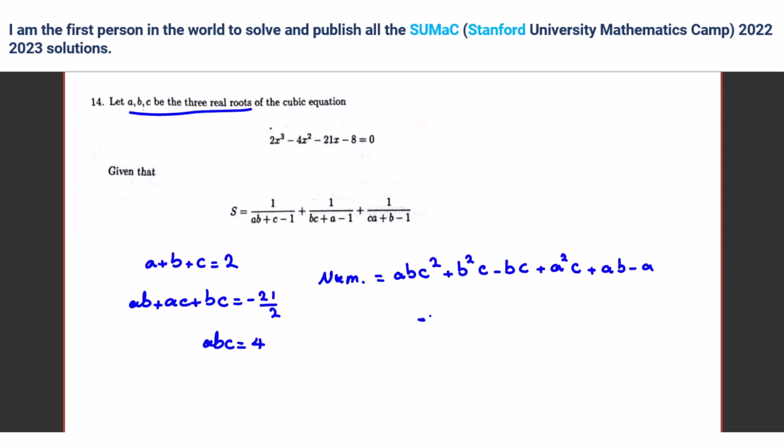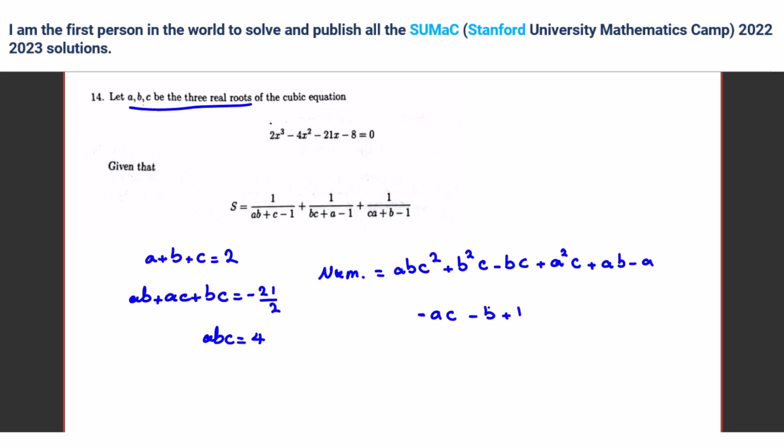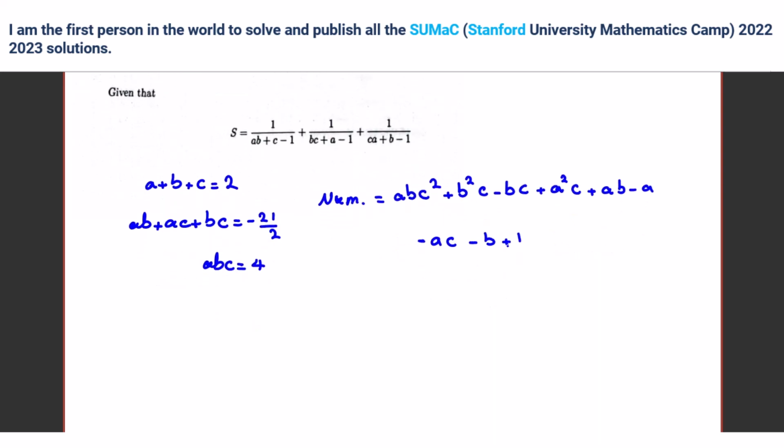Then minus ac minus b plus 1, right? And this whole thing has 2 times ab plus c minus 1. Yeah, so here, as you can see, we have this part for each of them. So we have abc squared plus ab squared c plus a squared bc, right? By symmetry. Agreed? Yeah, okay.